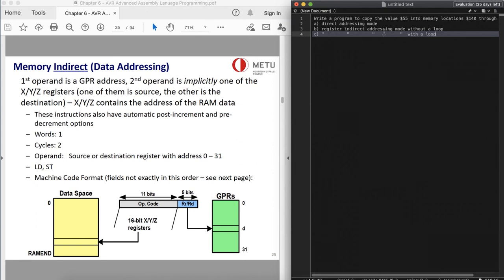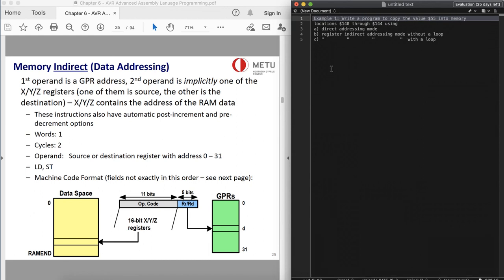So we are going to cover three programming examples to see how we can do that. I'll just cut this question down here and call it an example.